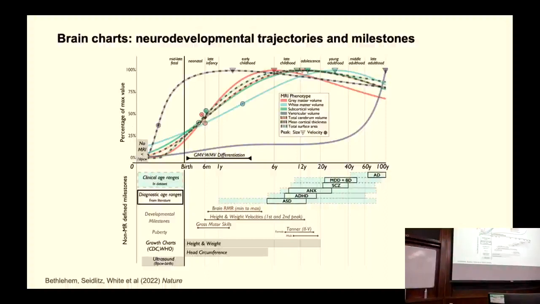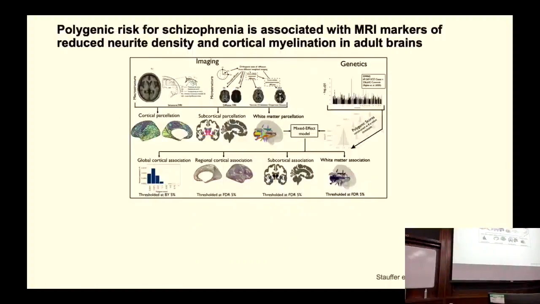But for some phenotypes, particularly white matter and subcortical volume, there's ongoing developmental change throughout adolescence and indeed into early adulthood. And that time frame is obviously coincident with, and maybe plays a causal role in, the emergence of so many mental health disorders over the same period of time.